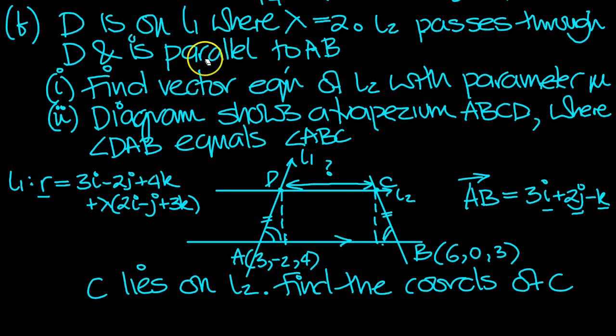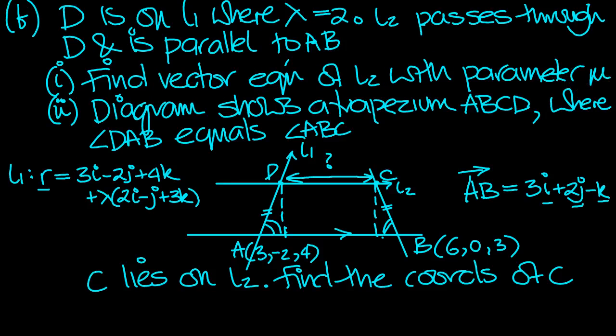So let's work out the coordinates of D then. L2 passes through D and is parallel to AB. Find a vector equation of L2 with parameter mu. So part B, break it down step by step.